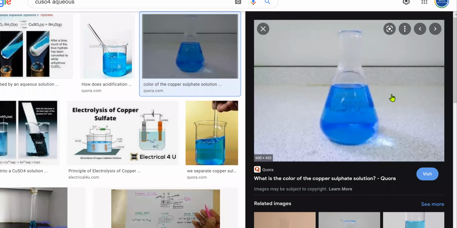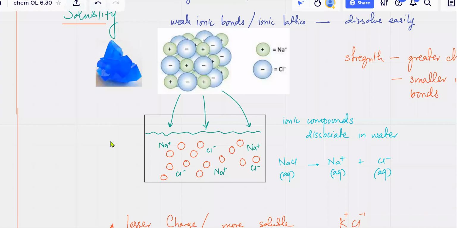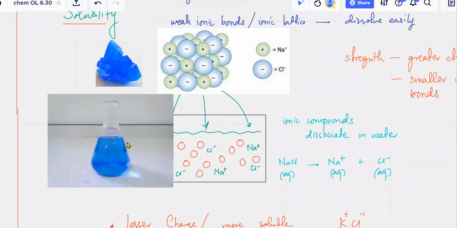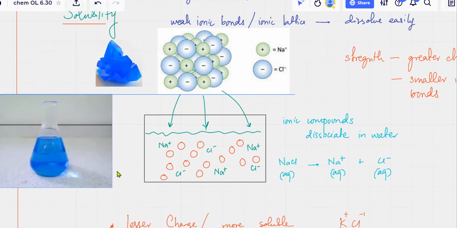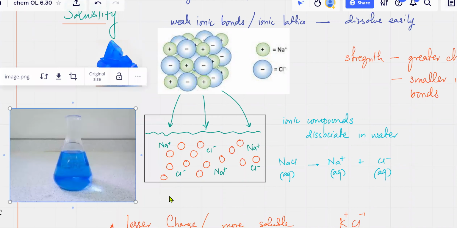So it would dissolve to form a colorless solution. मतलब उसके सारे particles they'll get scattered in water. And this is how it's going to look like.